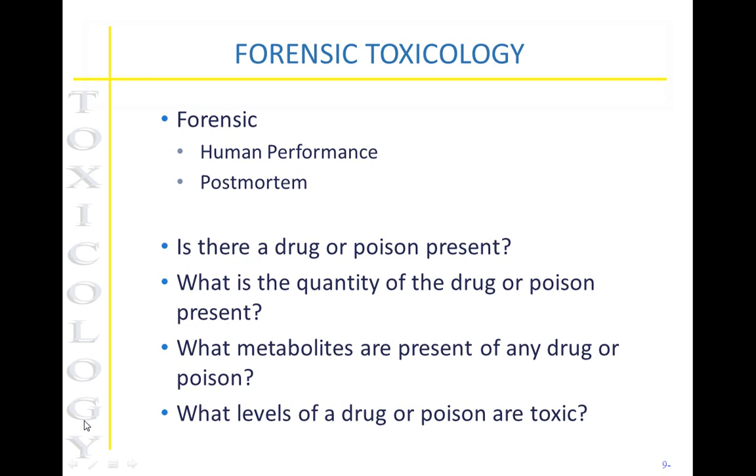In post-mortem samples, it would be concerning death investigations to determine was a drug or poison present. It's also important to know the quantity of that drug or poison that may be present, if there are any metabolites present from that drug or poison, and also at what levels that drug or poison are going to become toxic.